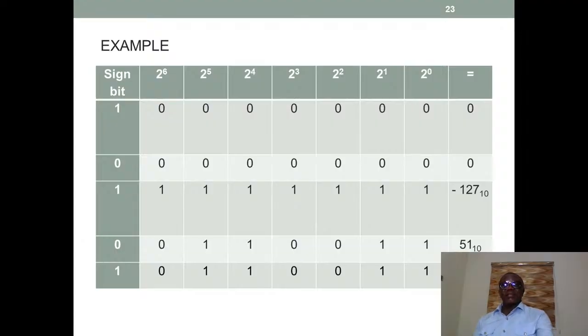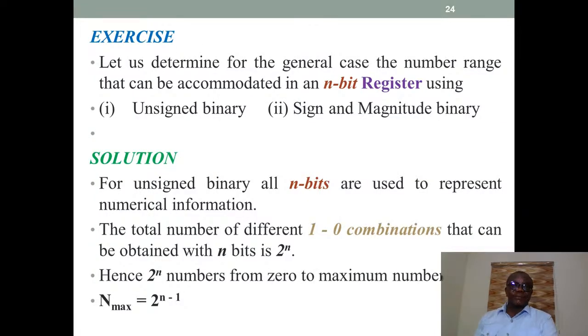If you look at the next one, they are the same except for the most significant bit. So for most significant bit 0, it gives 51 in base 10, while when it is 1, it gives minus 51 in base 10.